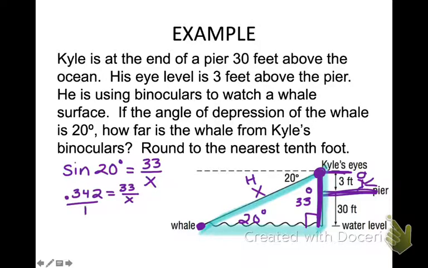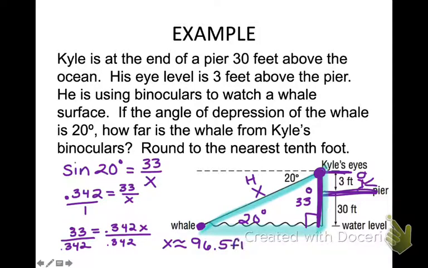Put it over 1, cross multiply: 33 equals 0.342x. Divide it out, which gets you 33 divided by 0.342, so about 96.5. So x is approximately 96.5 feet. Oh, nearest foot, so 97 feet. There we go. Round to the nearest foot is what it says.